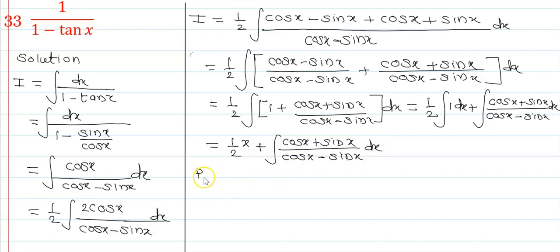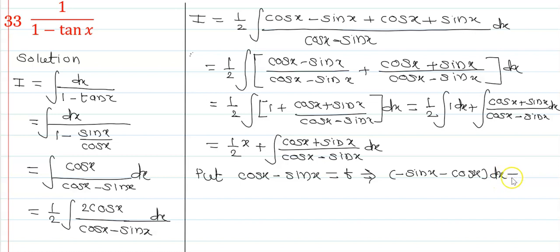For this integral, we substitute, put cos x minus sin x equals to t. It implies that the derivative of cos x is minus sin x, minus cos x into dx, and that's equals to dt. Take minus sign as a common.